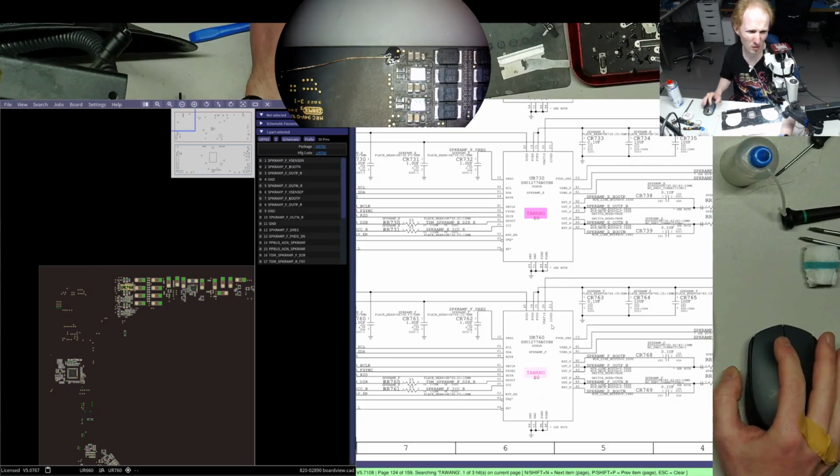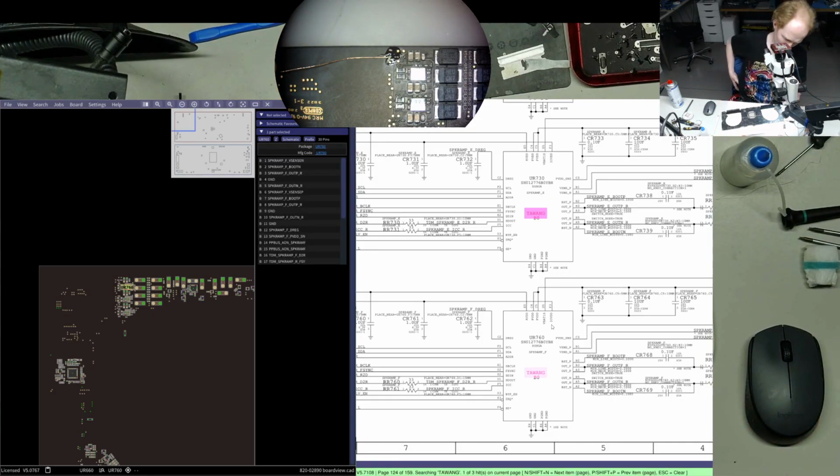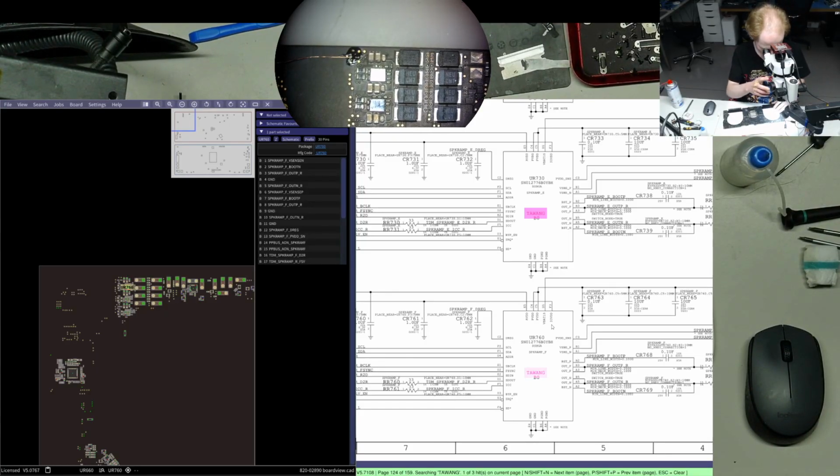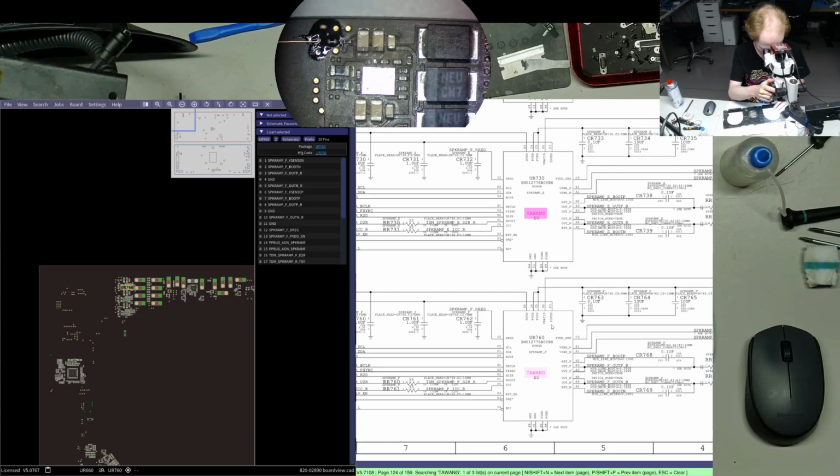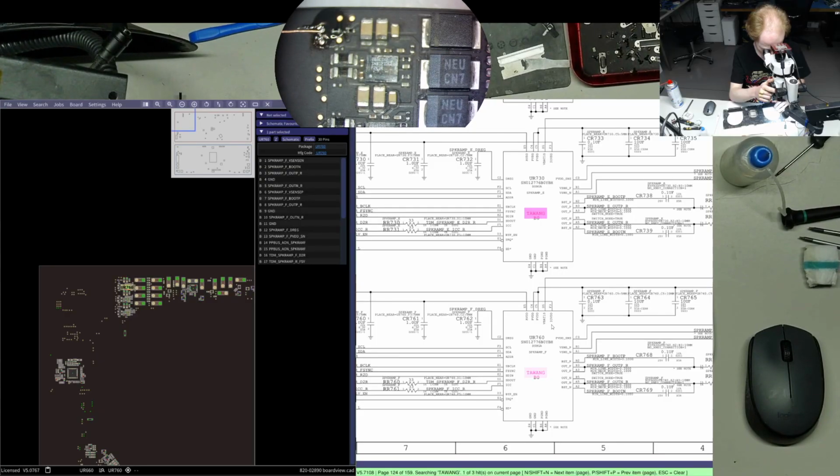Okay, it should probably be this one, but I'm not sure. It might be, it might not.